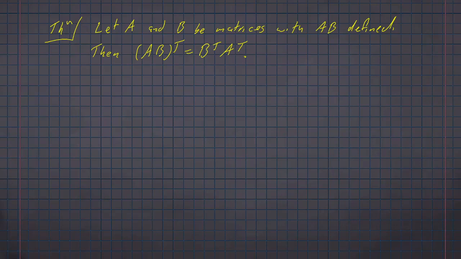Let's take two matrices, A and B, and we want to make sure that we have these matrices set up in such a way that the product A times B is defined. Remember that the product of two matrices is defined if and only if the number of columns in the first matrix is equal to the number of rows in the second matrix.